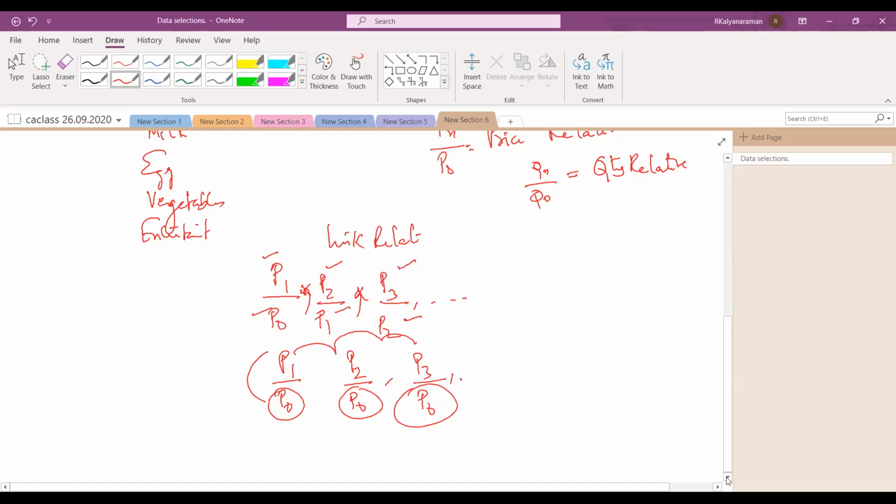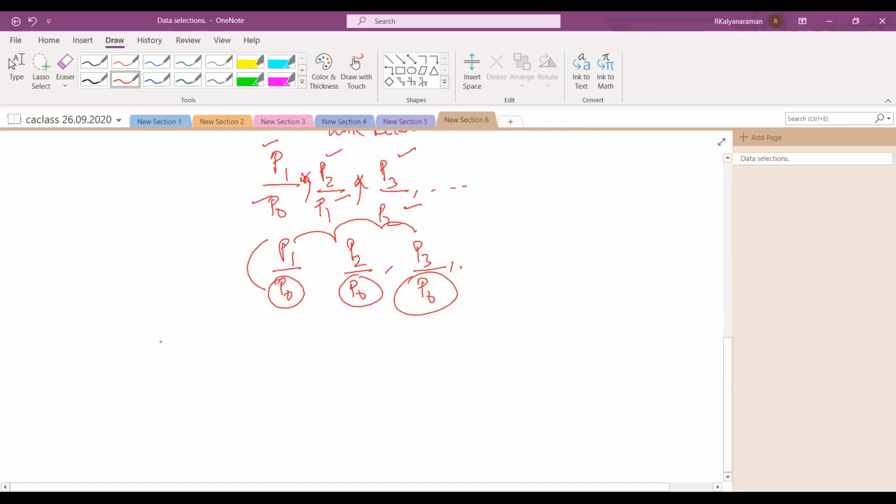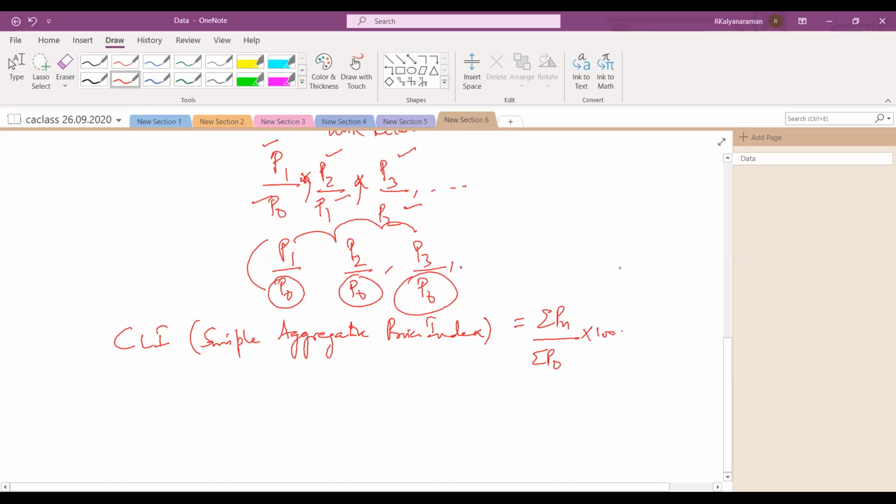The simplest cost of living index, CLI, is also called the simple aggregative price index. This is sigma Pn by sigma P naught into 100. What do you mean by this?